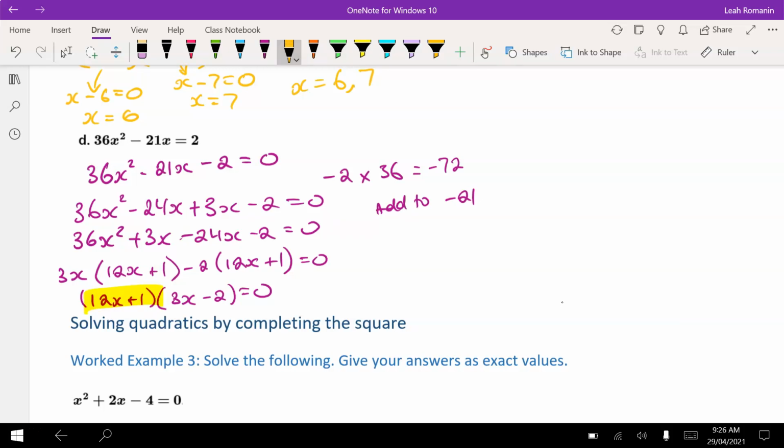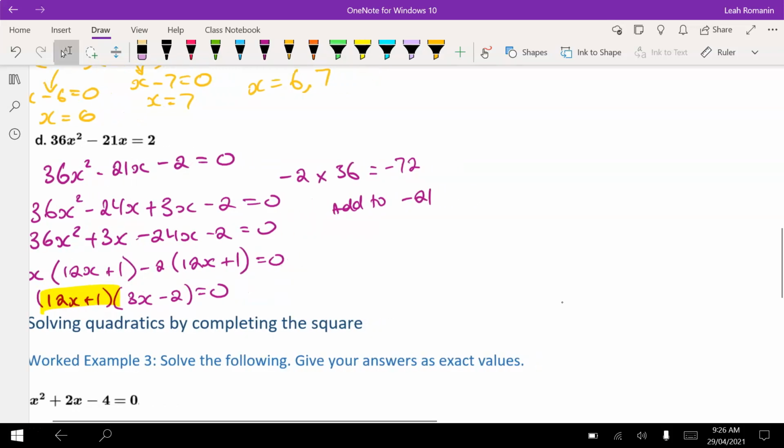So I'm going to do this one in yellow, bringing that over here. I've got 12x plus 1 is equal to 0. Charlotte, can you solve this one for me, please? Great. Step me through it. Okay, so we minus 1 first.